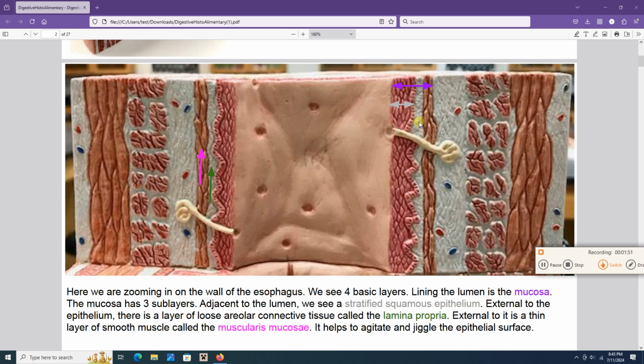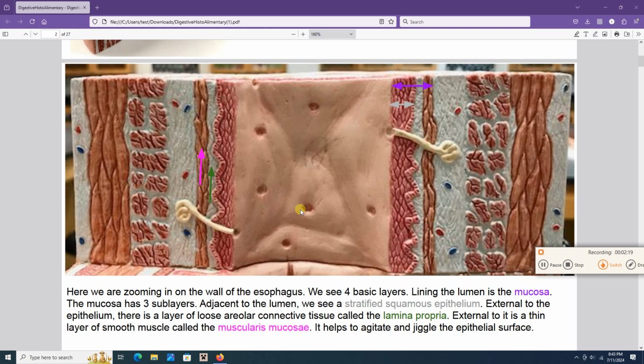Then there's a lamina propria, which lamina means layer, propria means like belonging to, and this is a connective tissue layer. And then there's a layer called the muscularis mucosae. That's like the muscle of the mucosa, and it is gonna kind of wiggle and jiggle the mucosa. Okay, so those are my 3 parts to my mucosa.